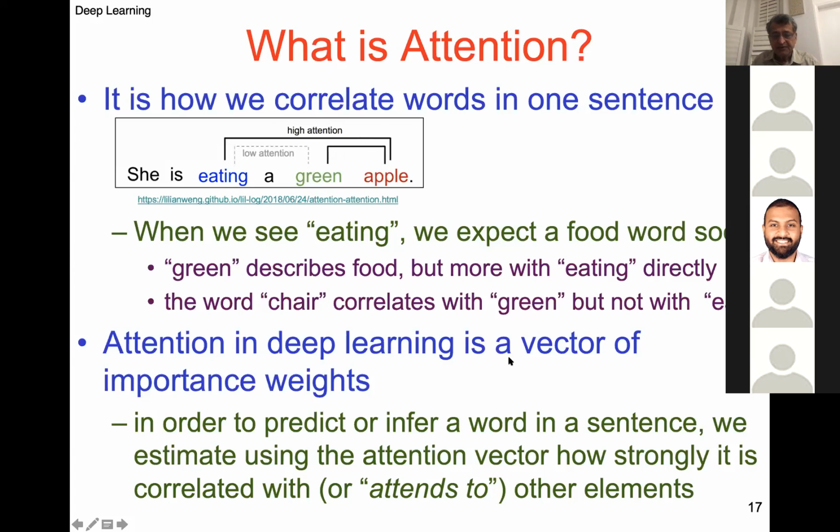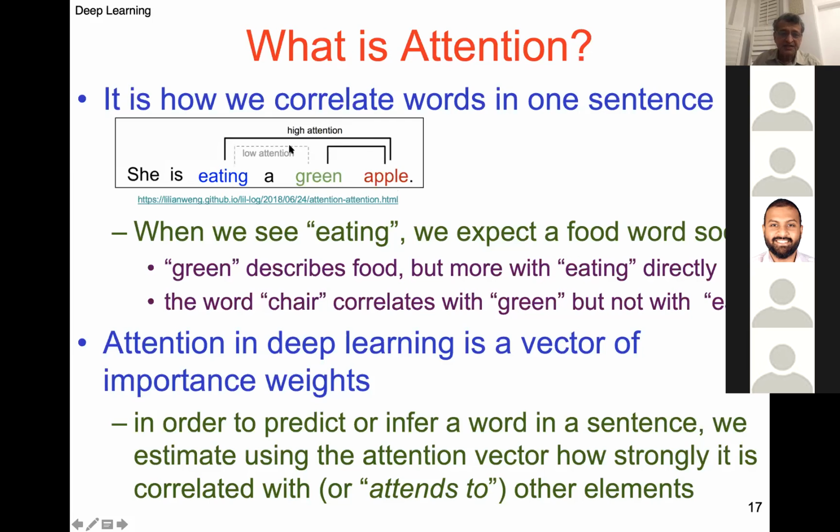Attention in deep learning is a vector of importance weights. So what we do here is associate some weights with each word. This word eating associates a weight with is, she, a, green, and apple, and says eating has a high attention value to apple. Green has a high attention value to apple.